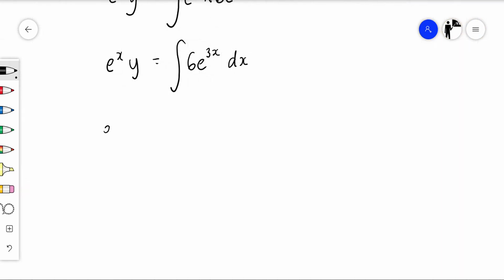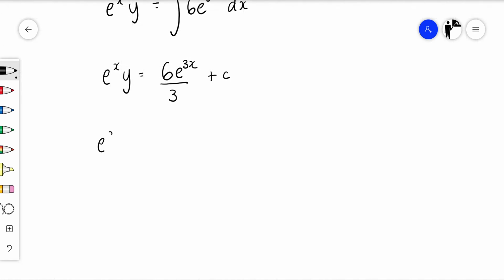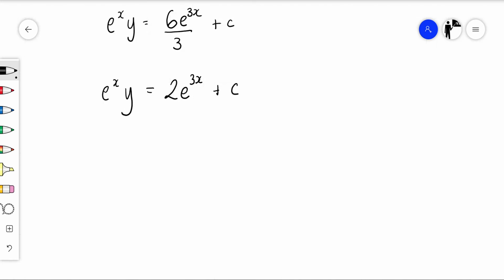I'm now going to integrate. This is just one of our standard integrals given to you in your formula, so that's going to become 6e to the 3x over 3 plus c. This is the stage where we put our plus c. We can simplify. That's going to become 2e to the 3x plus c. And eventually we want to make y the subject to get the general solution.